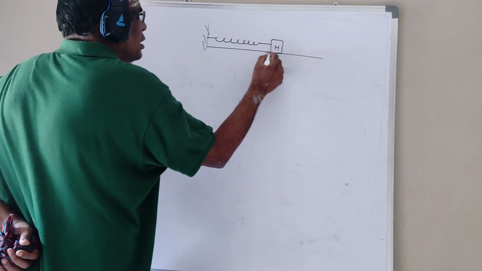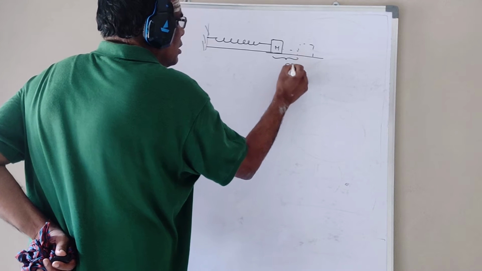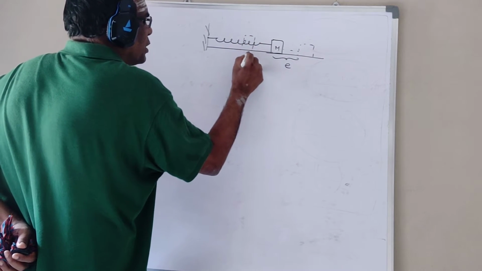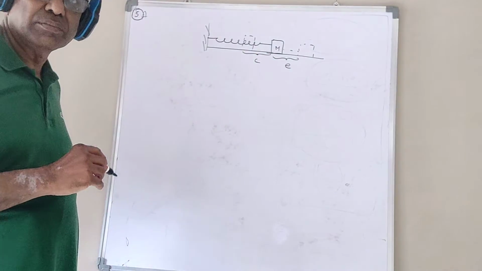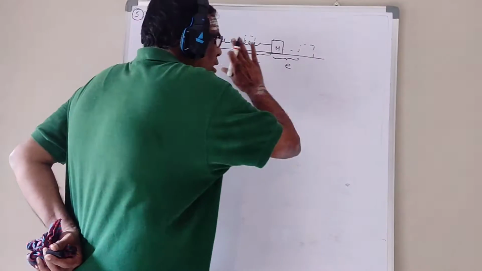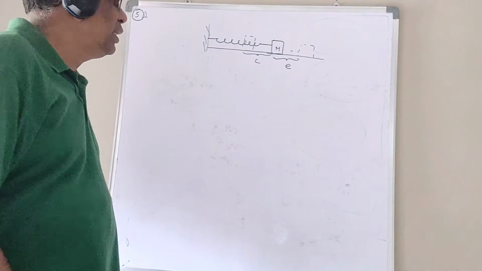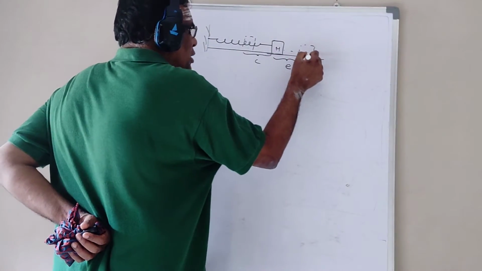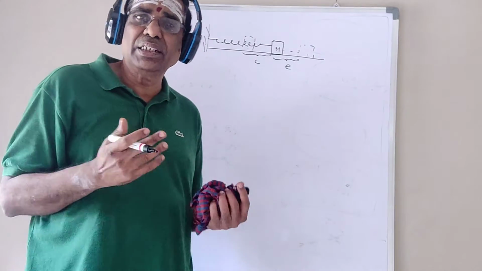This is brought to this, and if you leave it, it may come to a compression. If it is ideal, no friction at all, and there is elongation and compression, same, then from this to this there is no change in potential energy.